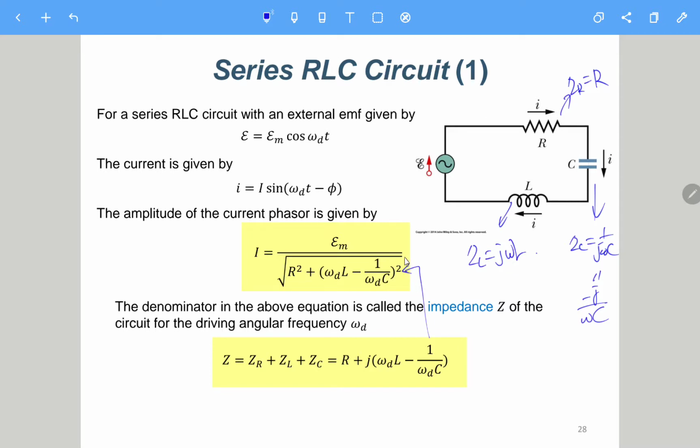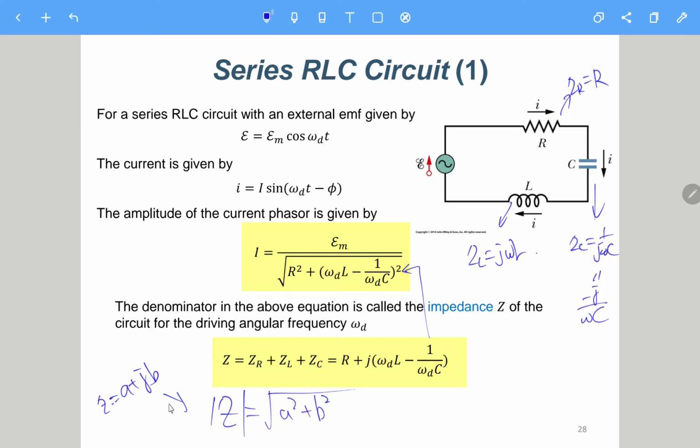Actually, this is the amplitude of the impedance. This is a complex number. This is the real part, and this is the imaginary part. So the absolute value of a complex number, let's say z equals a plus jb, will be the square root of a squared plus b squared.